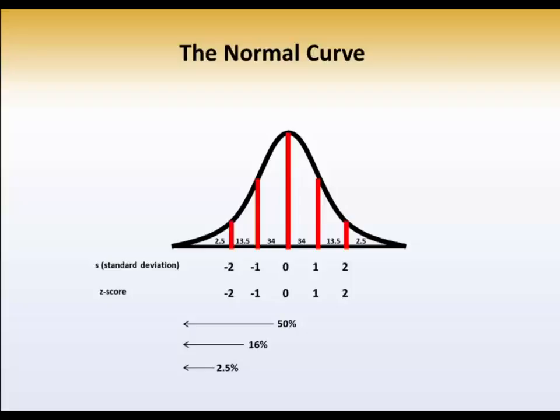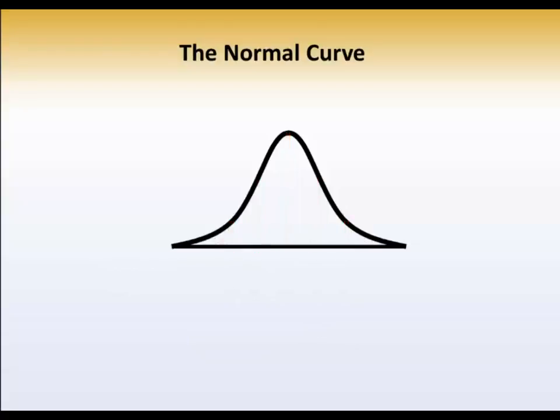Similarly, we could do the same kinds of things on the right-hand side. So, for example, 84% of the scores fall below positive 1 standard deviation above the mean, and 97.5% fall below 2 standard deviations above the mean.